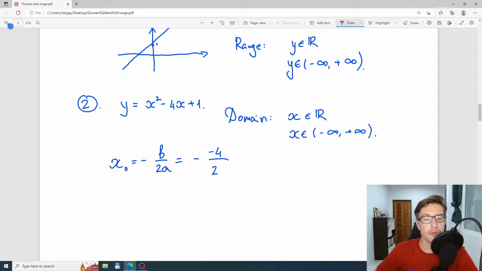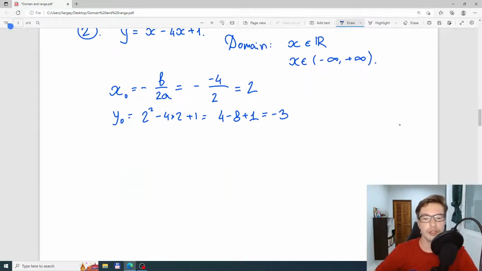So all in all, we have minus 4 divided by 2, and the minus in front, which gives us positive 2. Now let's find the y-coordinate of the vertex. Substitute 2 in the function. And we get 4 minus 8 plus 1 equals minus 3.